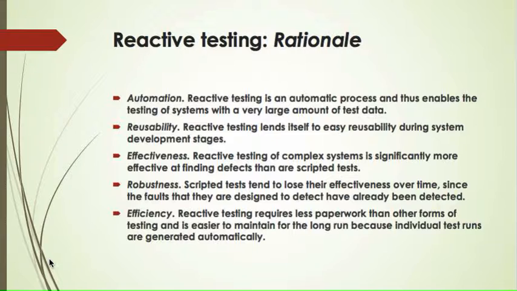Effectiveness would be how to react to be significantly more effective at finding defects. The robustness is about the faults that happen during the design and have already been detected.